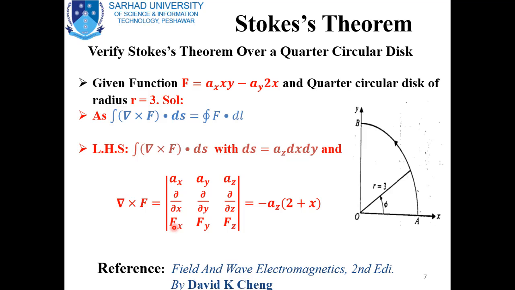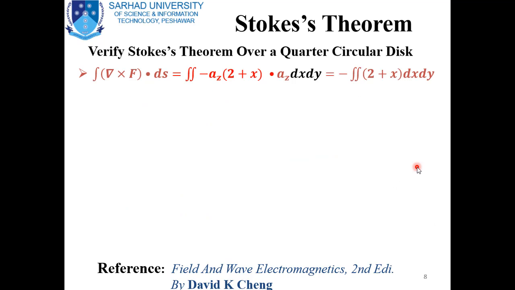From the given function, fx is equal to xy, fy is equal to minus 2x, and the z component is 0. So after putting the values of fx, fy and fz, we will obtain the curl of the vector field, which is equal to minus az into 2 plus x.